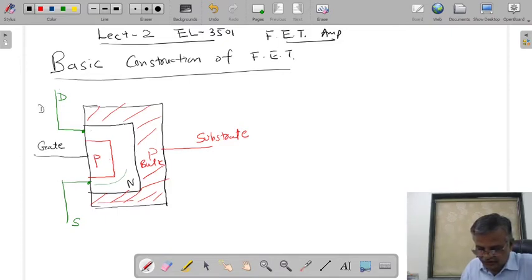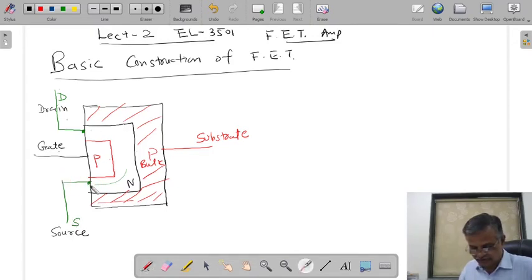This is called drain, so I am writing D here. This is called source, so I am writing S here. So it has three terminals: gate, drain and source.